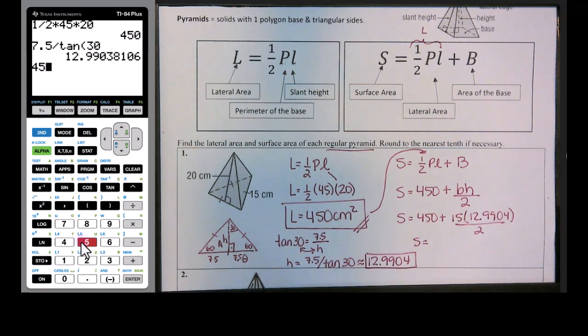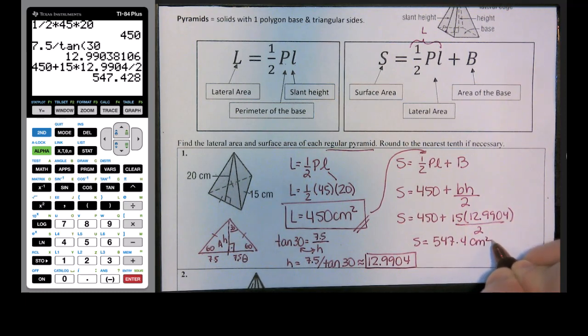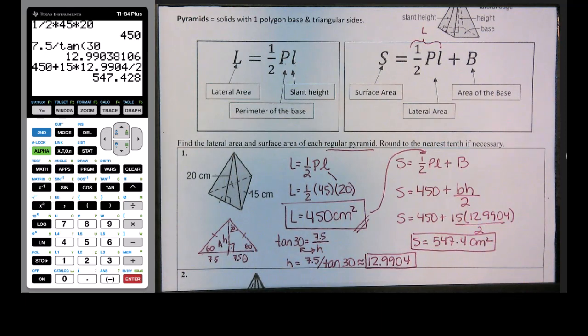So let's do 450 plus 15 times 12.9904, and we divide that by 2, and we get 547, and we round to the nearest tenth, so it'd be 547.4 centimeters squared. So there you go, the lateral area and the surface area of this triangular pyramid.